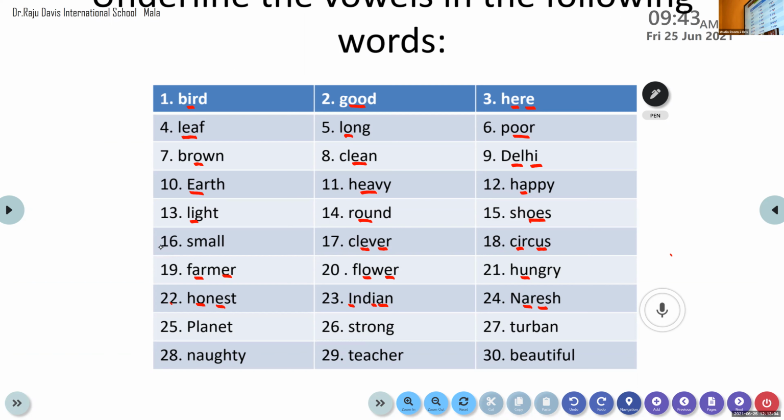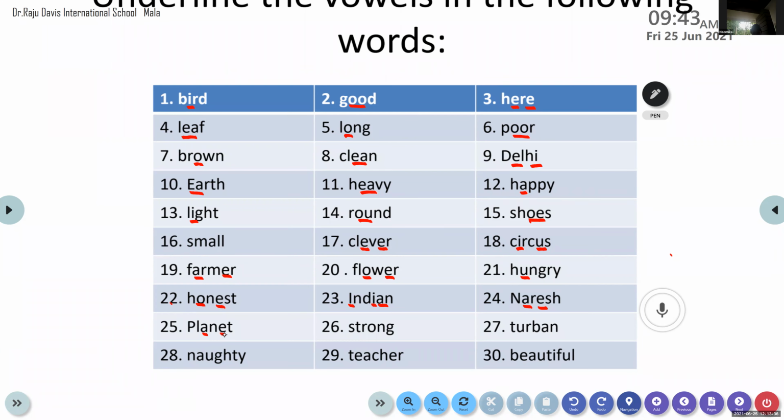So, it is planet. How do you pronounce the word? It is planet. Your duty is just to pick out the vowels in it. How many vowels are there in the word planet? Earth is a planet. When you go to the higher classes, you will learn about planets. 2 vowels. What are they? A, E. Very good. A and E.